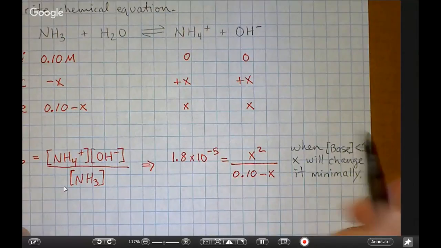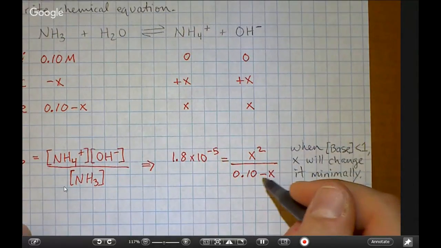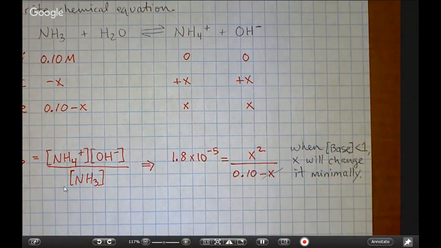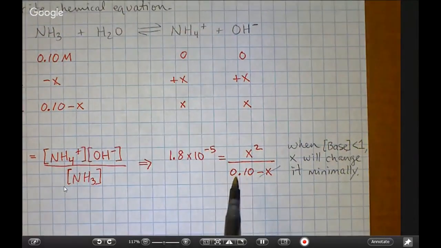And what that means is that we can effectively, again, cross out X in the denominator, because it's not going to have a huge impact on changing that concentration. So we're saying because this is 0.1, since it's less than 1, whatever amount of X that we change, it's not going to change that concentration very much. Okay, it's an insignificant change.